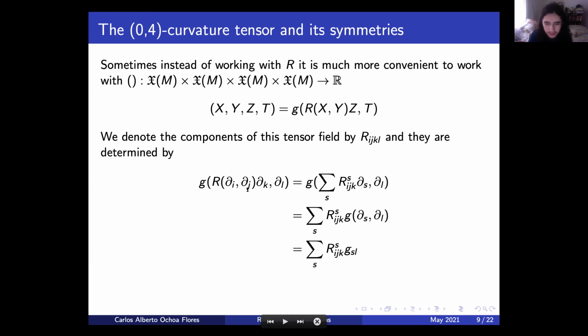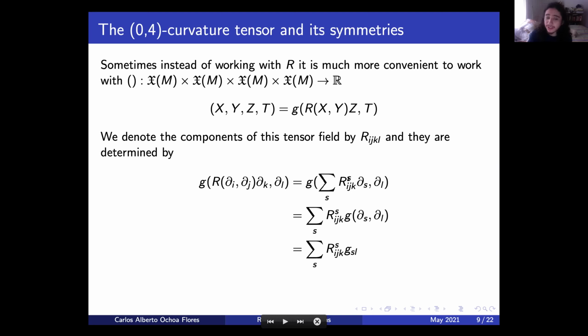And these coefficients are determined by the following, right? We evaluate in four local coordinate vector fields. We use the linearity of the metric. We say that we use that the tensor field evaluated in IJK looks like this.